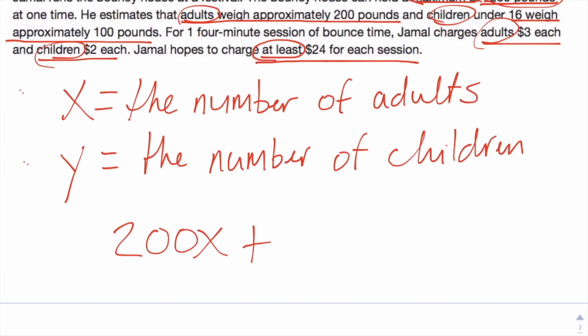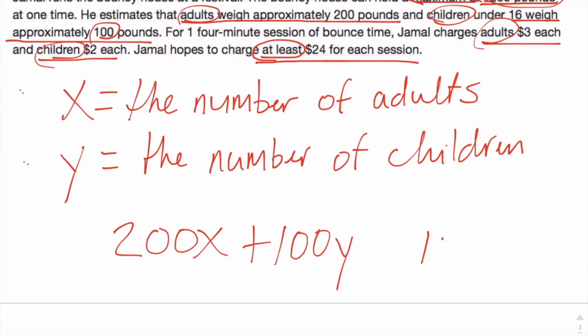Children under 16 weigh approximately 100 pounds. So let's do plus 16y. Oops, I did that wrong, I'm sorry. It's not 16y, that's the age. 100 pounds, 100y.